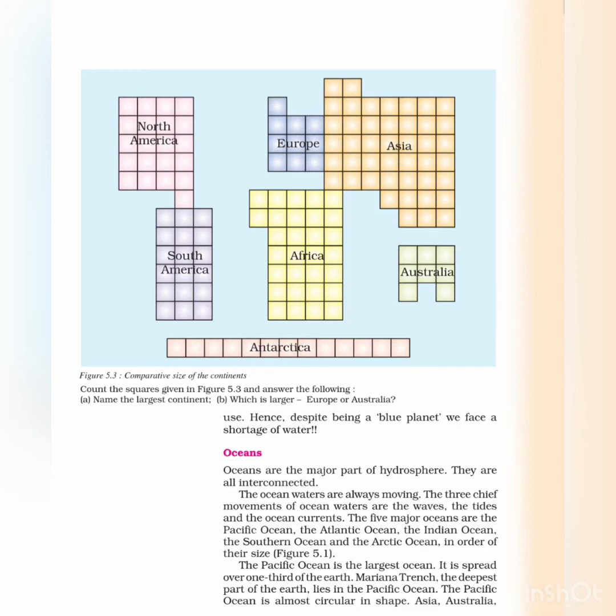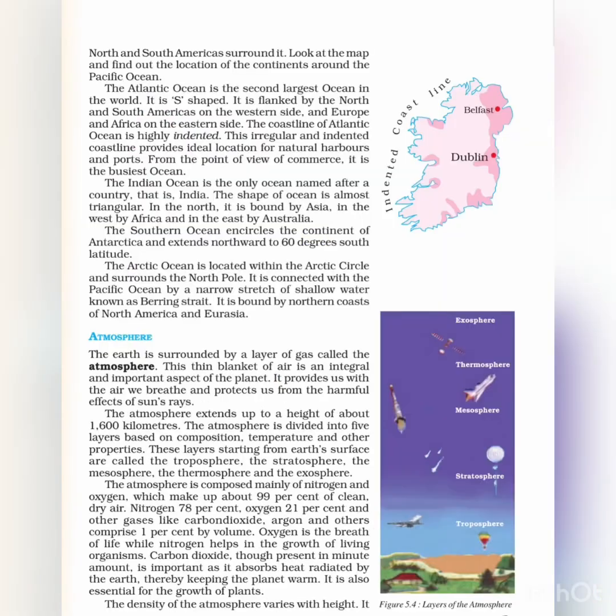It covers almost 1/3 of the earth and its shape is circular. Mariana Trench, the world's deepest part of the earth, lies in this ocean, and Asia and Australia are situated on its west side, while North and South America are lying on the eastern side.